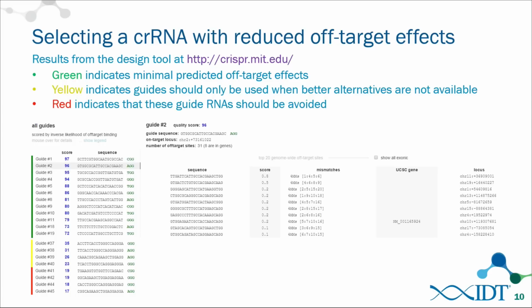It also tells you exactly how many mismatches there are, and where the mismatches occur within the guide. Also, it will annotate which gene this potential off-target site is present in, if it is, and it also specifically annotates the locus, chromosome number, and position. So really a nice tool that we use in-house and recommend others to use as well.